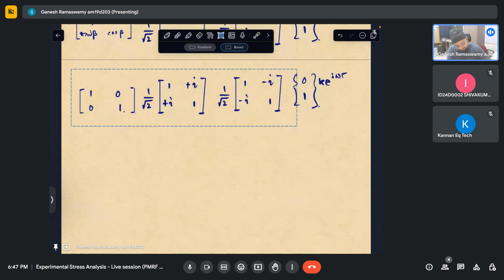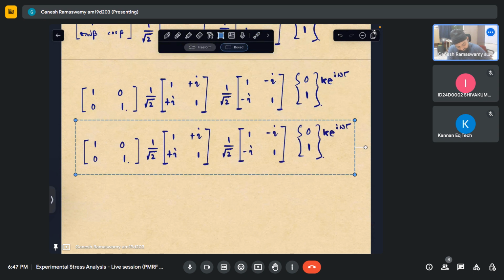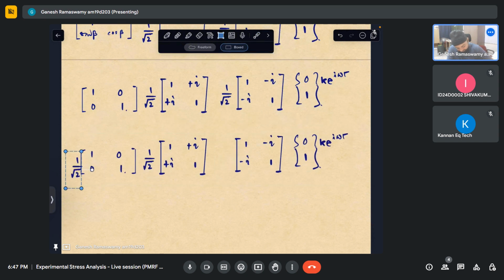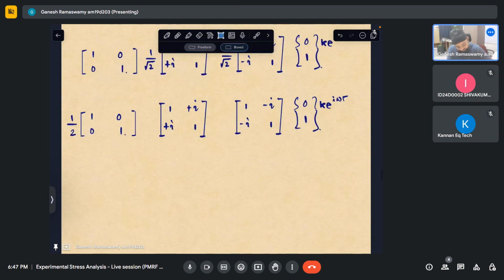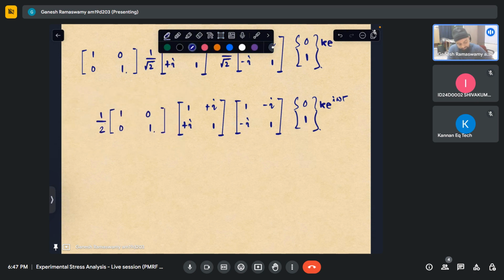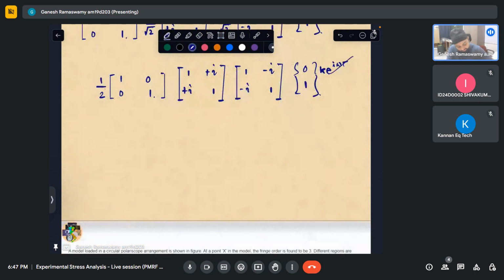Okay, so let us rearrange this a little bit. Let me take this to the front. Let me also take this to the front. So what happens here? 1 by root 2 into 1 by root 2 becomes 1 by 2. Very well. So this is what I have to multiply now. Let me multiply one after the other, keeping this the same.